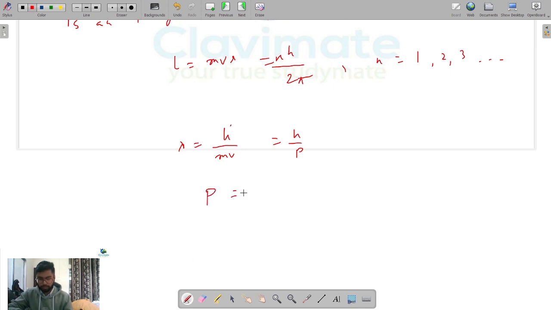So p will be equal to h by lambda is equal to h by 2L by n, which is equal to nh by 2L.